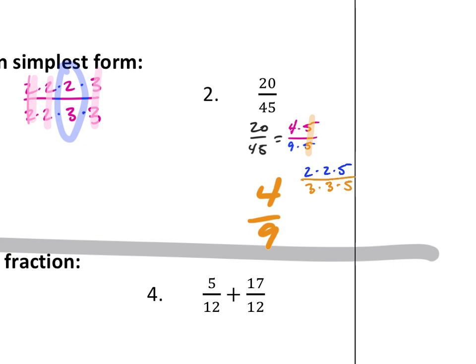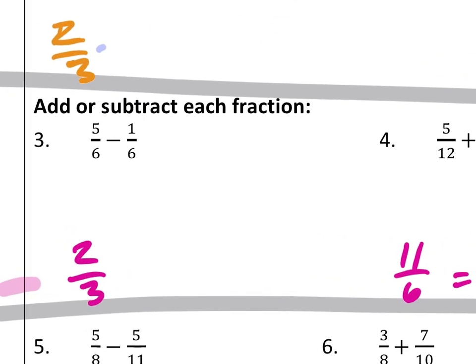You could see that the 5s are the only things that reduce. That's the advantage of a hundreds chart or prime factorization, you can see that the only thing they have in common is that 5. Then you just simplify what's left. 5 divided by 5 is a 1, then on top you're left with 4, because 2 times 2 is 4, ninths. There you go.